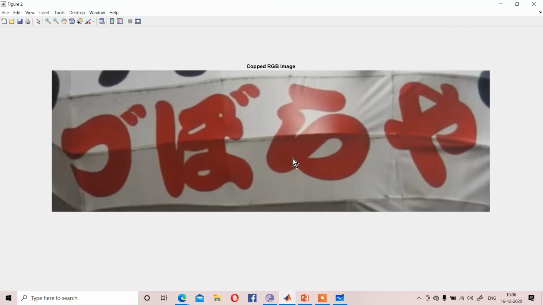After cropping the data, to segment out that part, we need to convert that data into a gray level image. I have converted the RGB image into a gray level image. The importance of converting is that whenever you are trying to segment out written data, you need to segment it out in binary format.